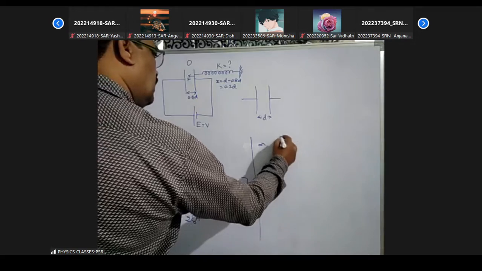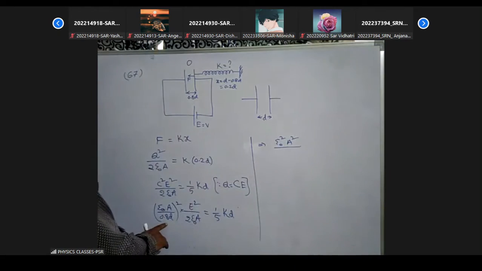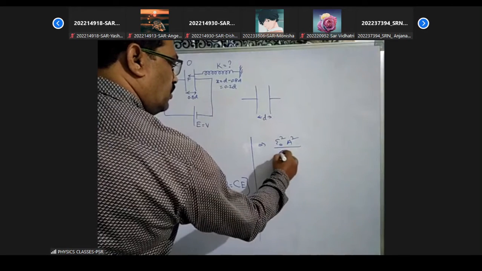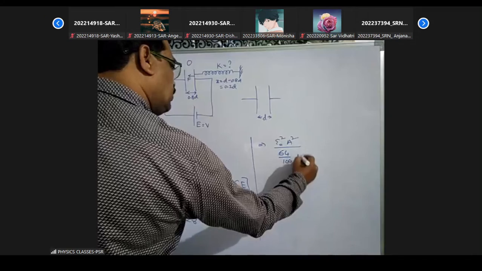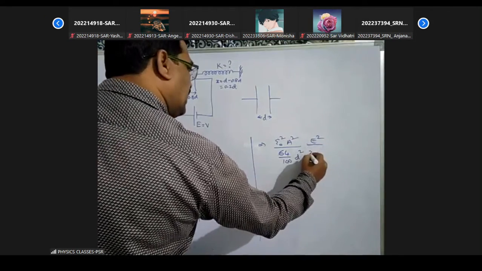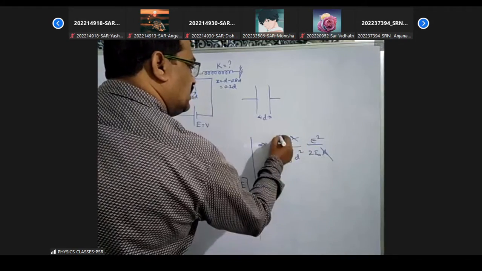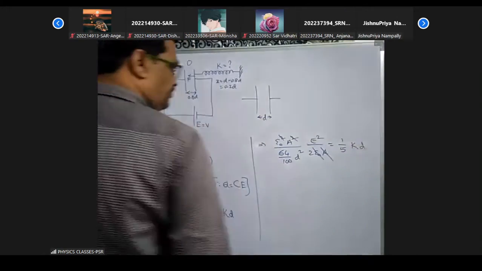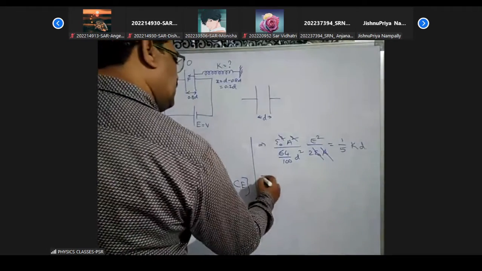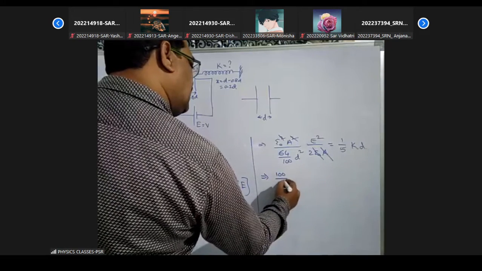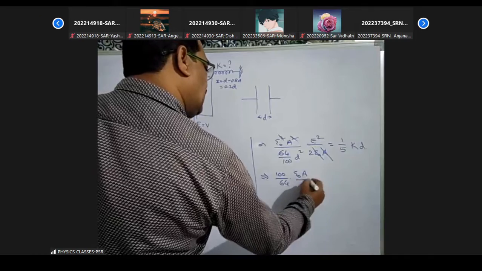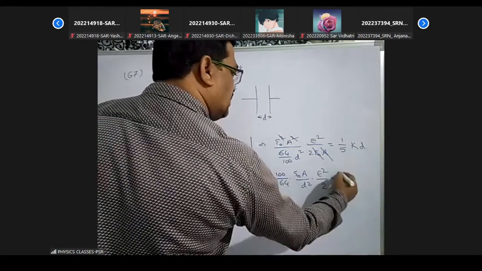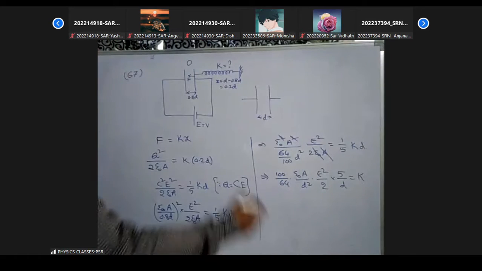This can be written as 64 by 100 into D square; A cancels, epsilon naught cancels. The 100 goes to the numerator, and when 5 and D are taken this side, it becomes 5 by D is equal to K.